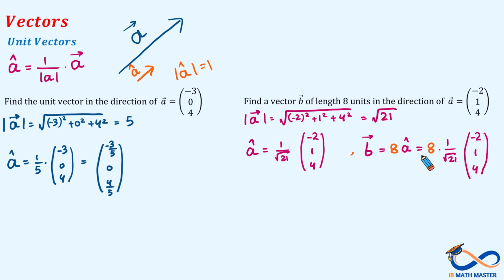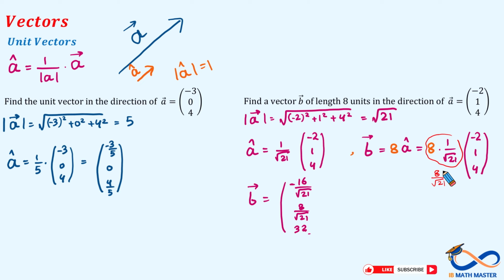Now, to simplify this vector here, first, 8 multiplied by 1 over square root of 21 can be written like this first. Then now, we multiply this number here by each number here. So, here we will have 8 over square root of 21 multiplied by -2 will be -16 over the same square root.